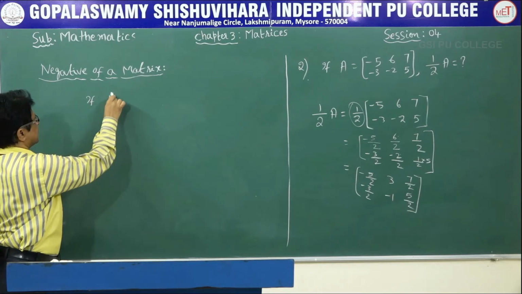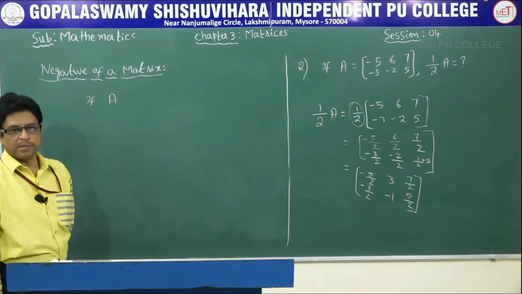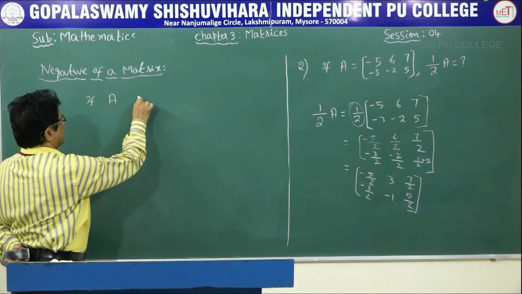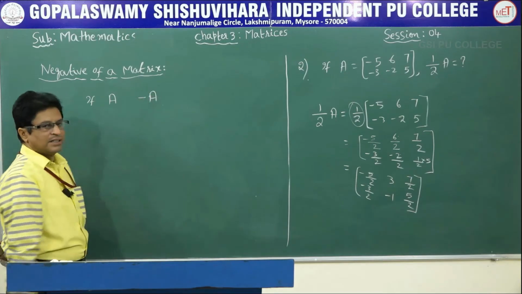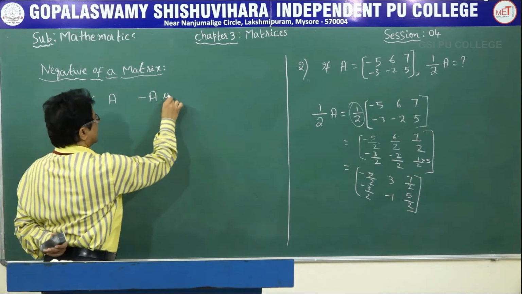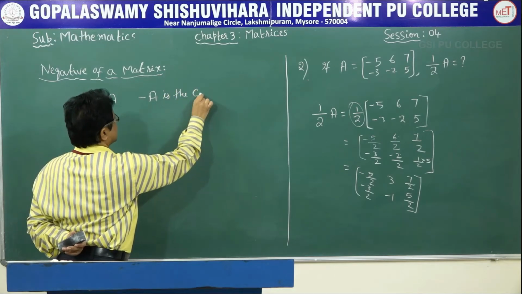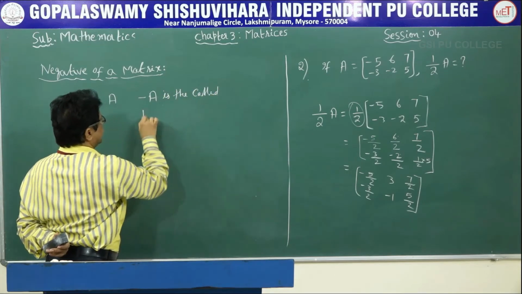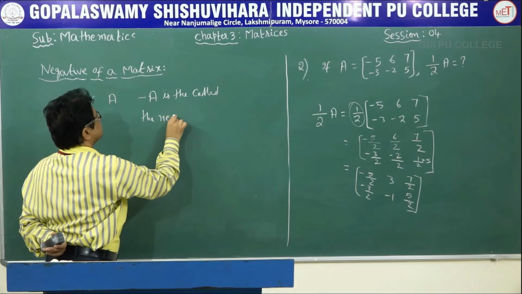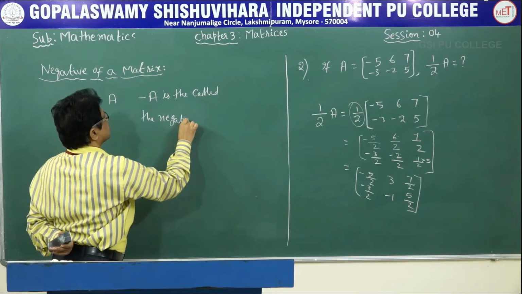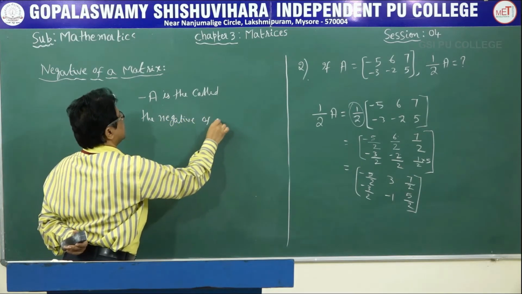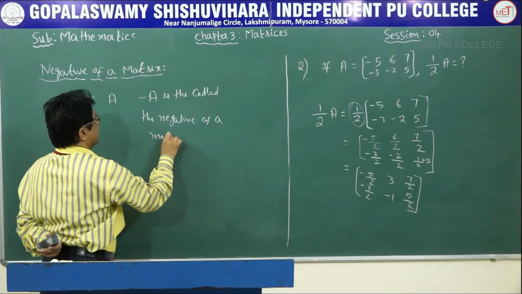If A is a given matrix, then minus A is called the negative of the given matrix A.